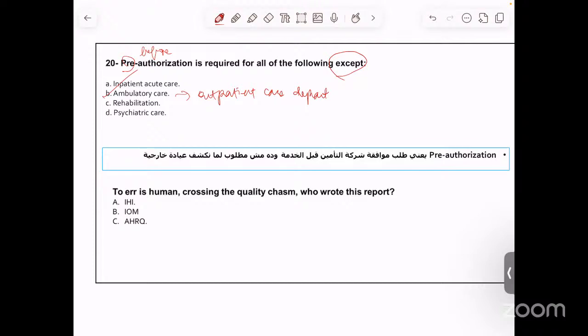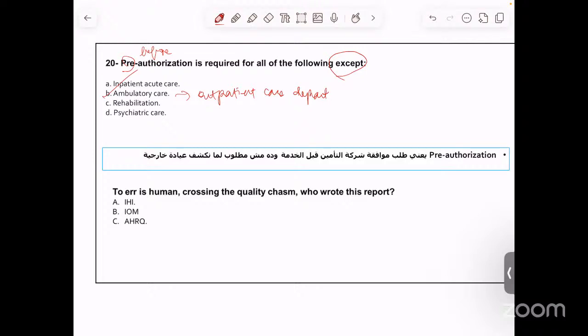The inpatient acute care requires pre-authorization. What do you think is the reason, Radha? Because this ensures medical necessity and proper use of resources.